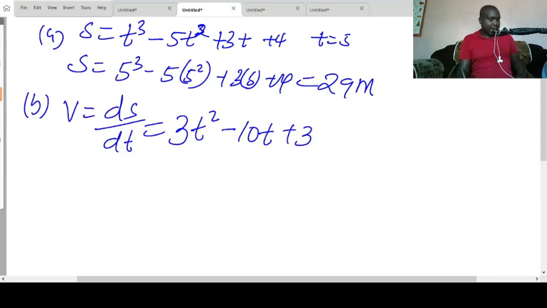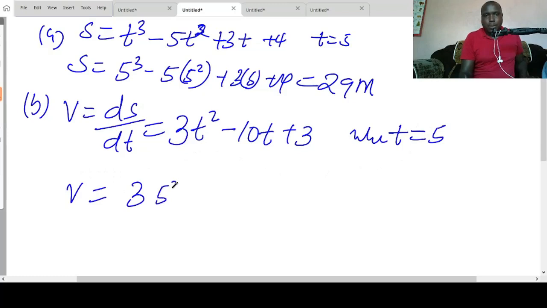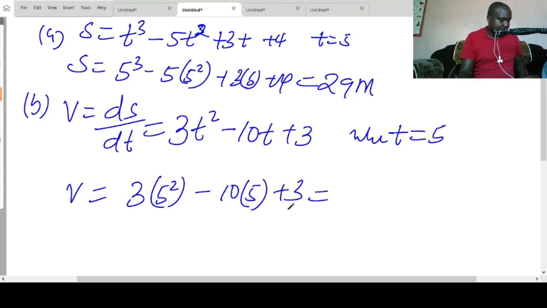That is what we have as velocity. When we want to find the velocity when t is equal to 5, you just substitute here and get the velocity. So velocity is equal to 3 times 5 square minus 10 times 5 plus 3, and that one will give us 28 meters per second.